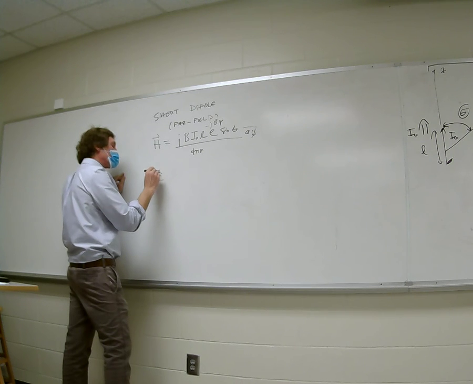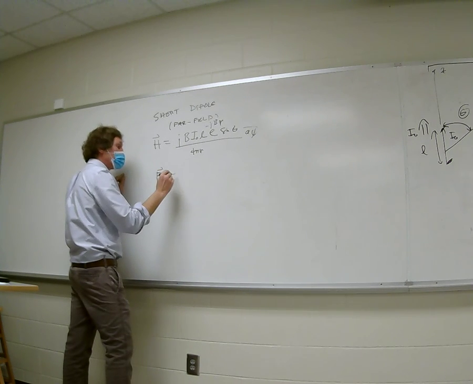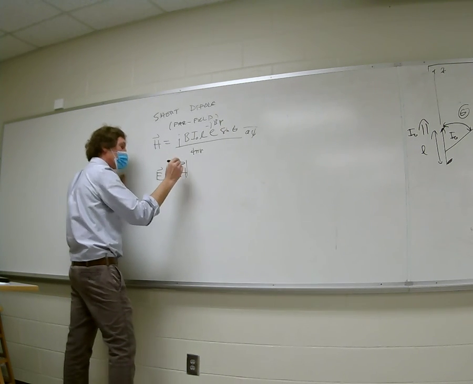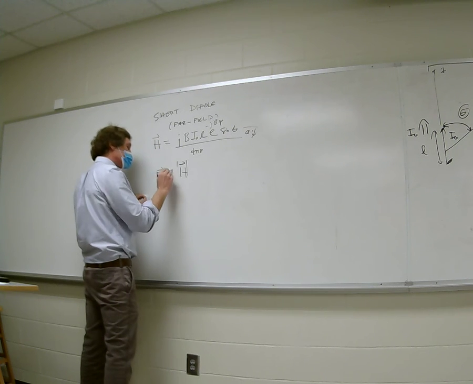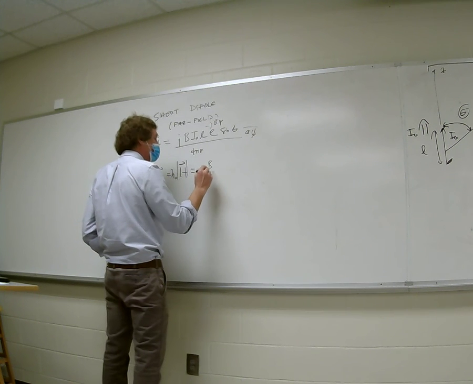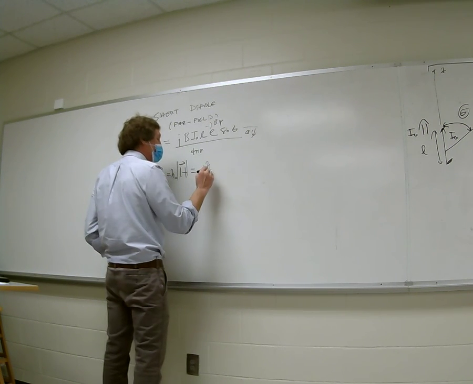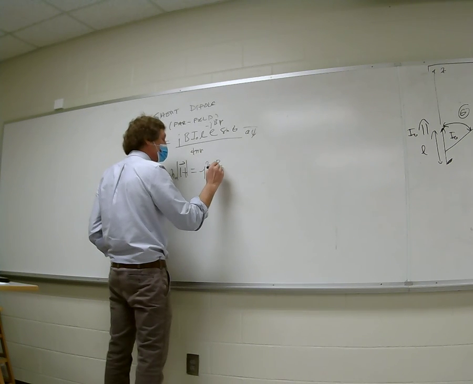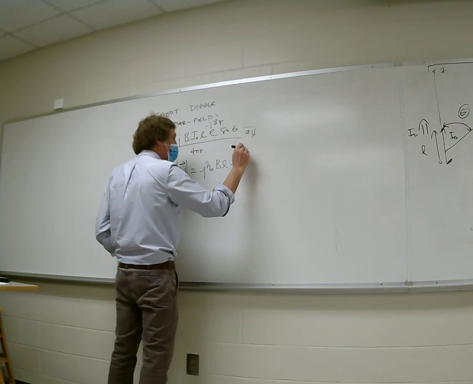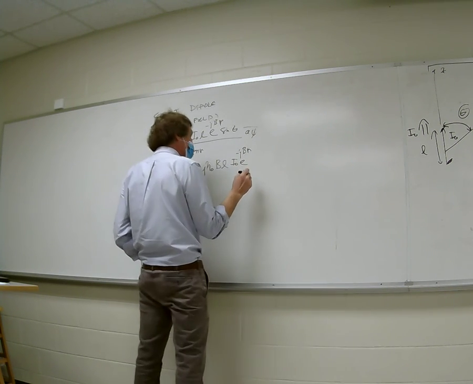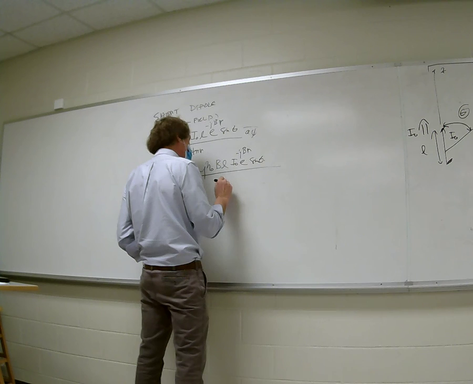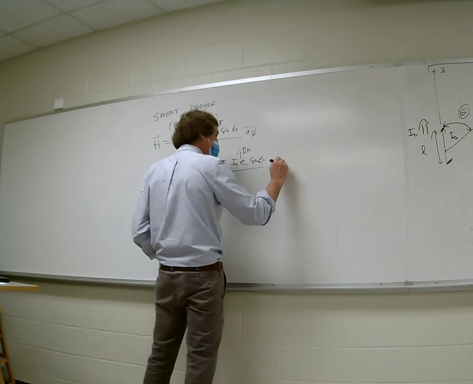Then when we get E, if we're in the far field, the only thing we do is say E is equal to eta times H in the far field magnitude, and we say it's equal to j eta naught beta L I naught e to the minus j beta r, small r right there, times the sine of theta over 4 pi small r, in the A theta direction.